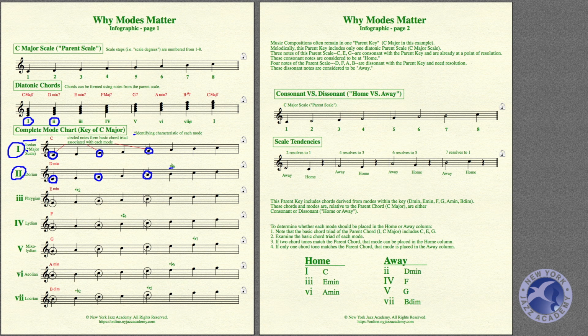Hear that? But a Dorian minor has a natural 6 instead of a flat 6, so it sounds like this. Sometimes people call it a raised 6 even. And that's a defining characteristic of the Dorian mode.